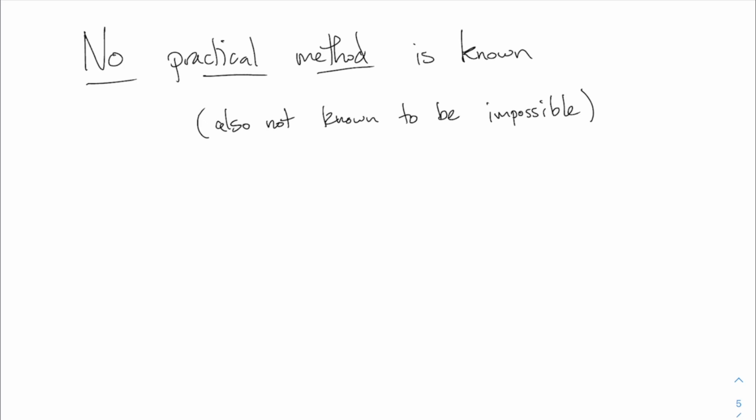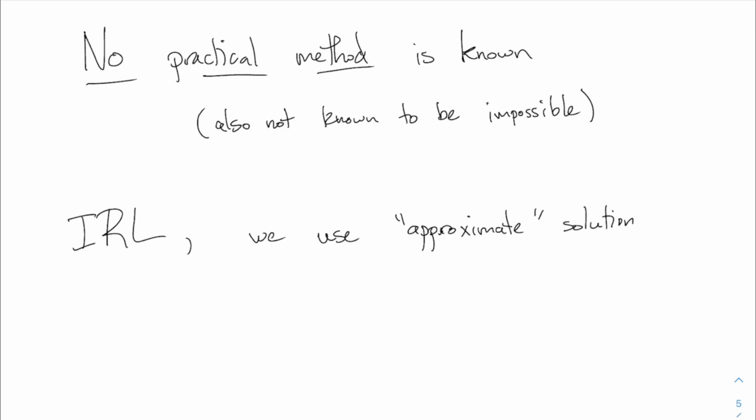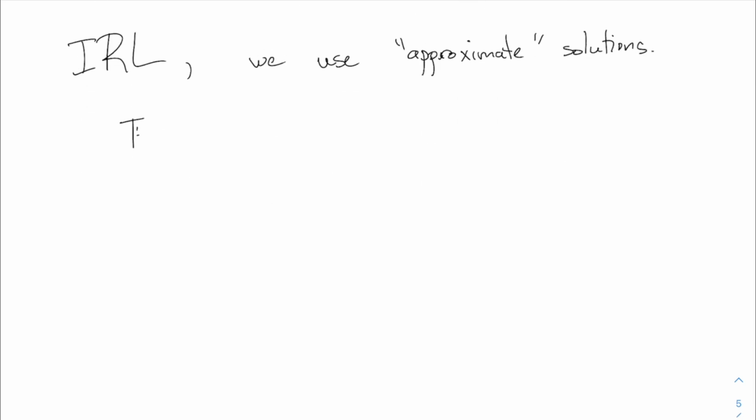All right. So how does the guy in the Amazon truck actually do this if no practical method is known? Instead of actual solutions, in real life we use what are called approximate solutions. That is, there are tricks for finding pretty good solutions, which might not actually be the best, because actually finding the best is basically impossible even with supercomputers.